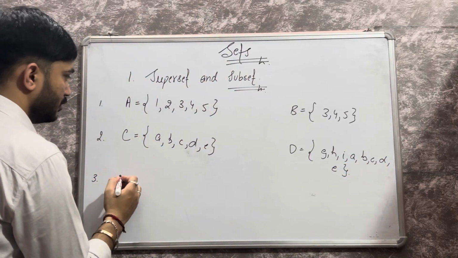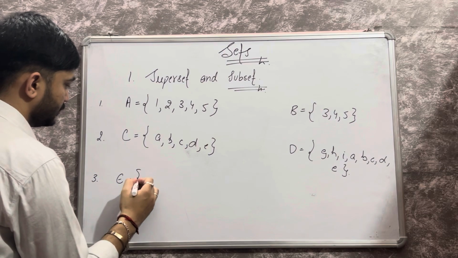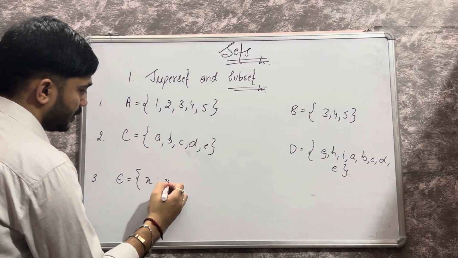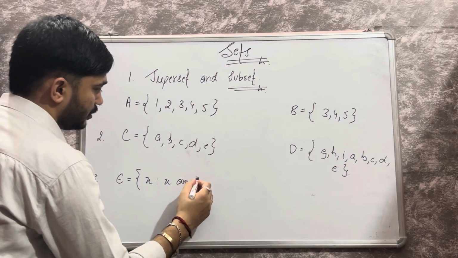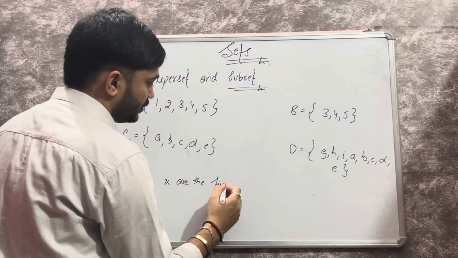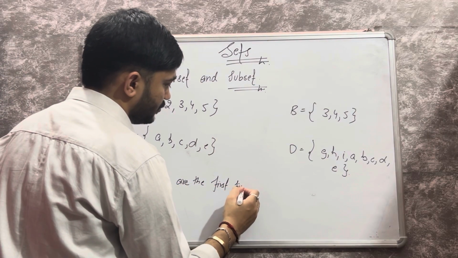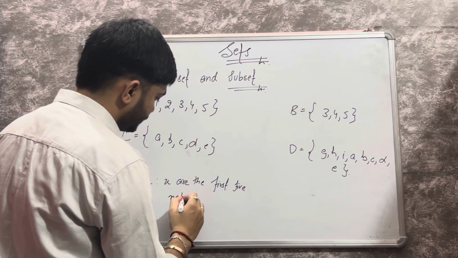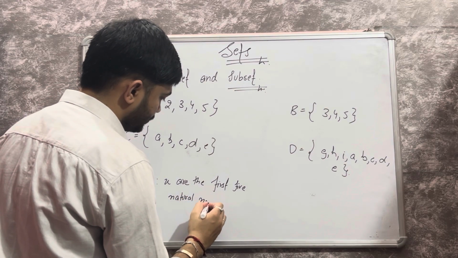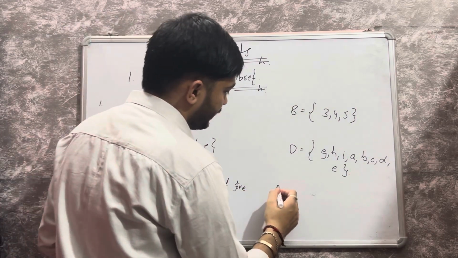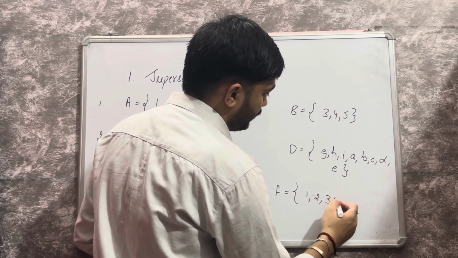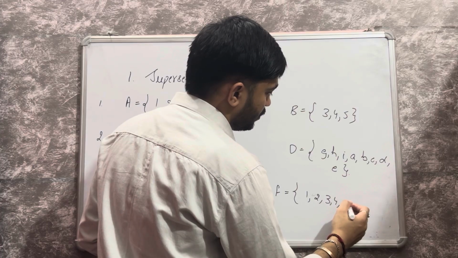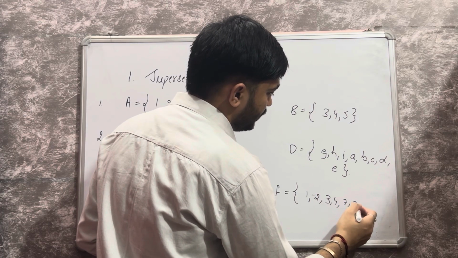Third, E as {x : x is the first 5 natural numbers}, and F as {1, 2, 3, 4, 7, 9, 10}.